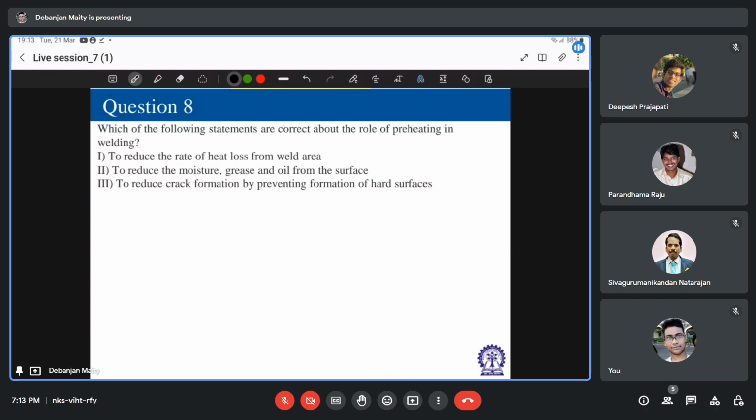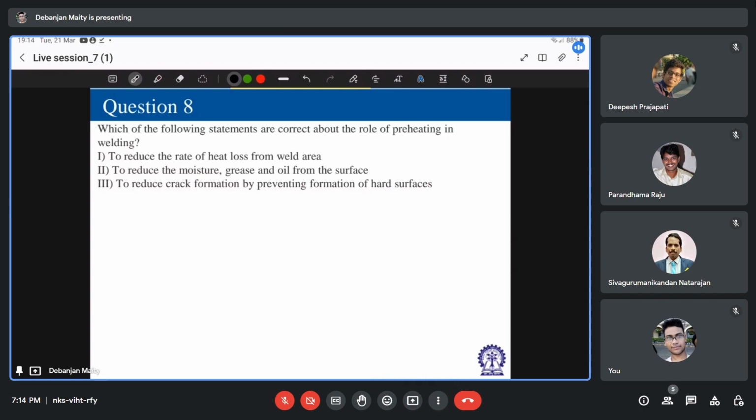Why is preheating required, or what is preheating? This process involves heating the area around the weld joint, or the entire part, to a specific temperature before you do the complete welding, right?